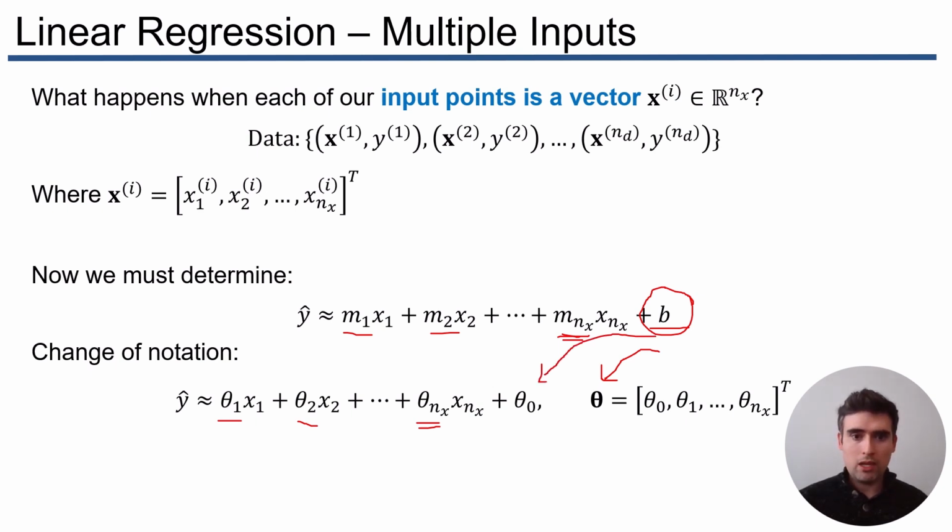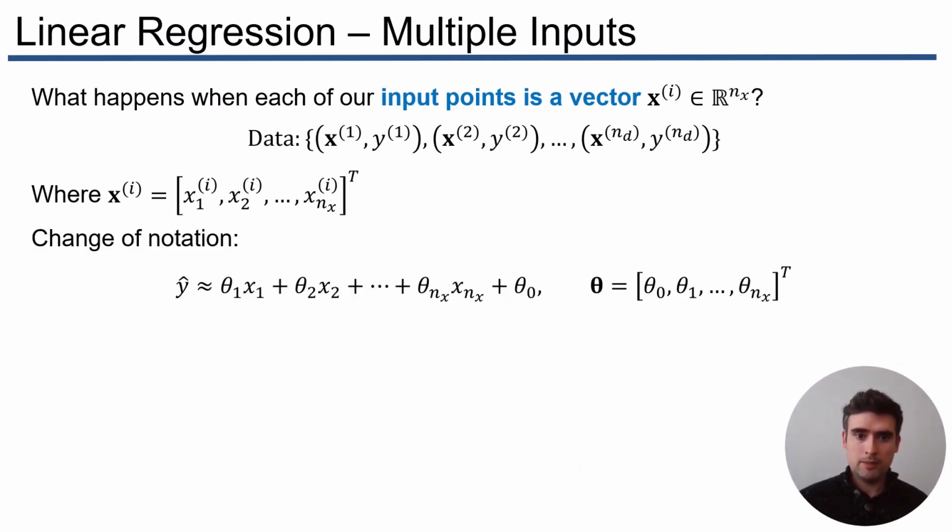I am relabeling it as theta 0. That's all that I'm doing, so this is just a change of notation. Now I grab all of the parameters and put them into one parameter vector theta, and you can see this is theta 0 all the way to theta nx. As I've said before, I've done nothing here, just a change of notation so that we can continue with the same notation throughout the rest of the lecture.